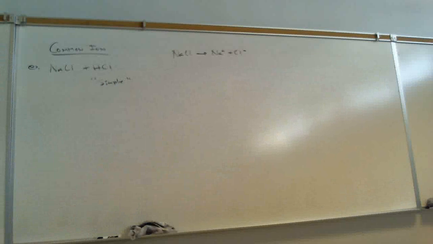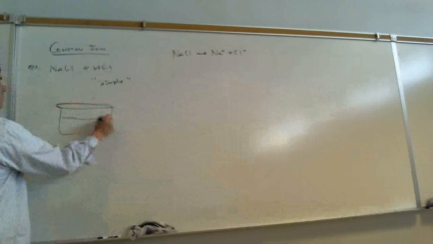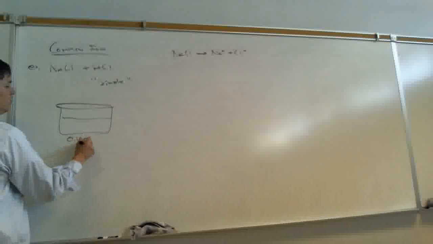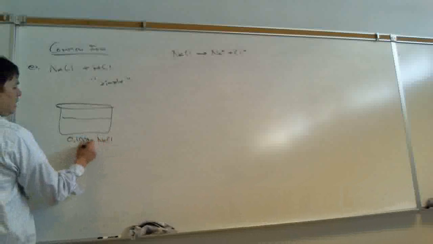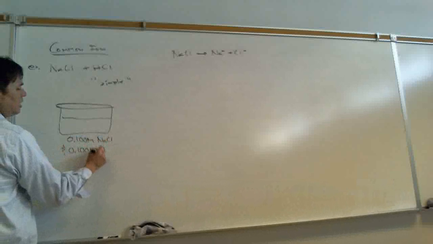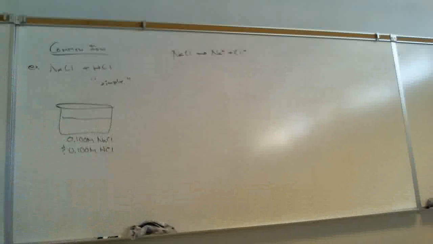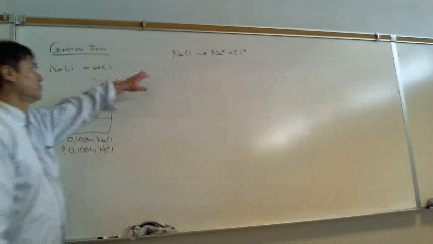And so let's put some values on this here. If I had a beaker that was 0.100 molar sodium chloride and 0.100 molar HCl, and I want to figure out what is the inventory of this, then I would just follow the stepwise procedure, starting with sodium chloride.